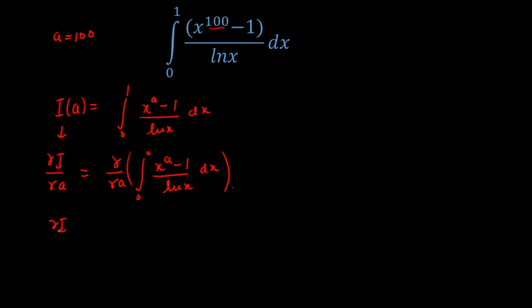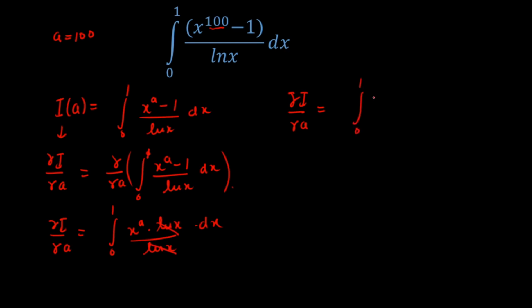So ∂I/∂a is equal to the integration from 0 to 1 of x^a multiplied by ln of x, and the differentiation of 1 will be 0, whole divided by ln of x dx. Now ln of x and ln of x will cancel out directly. I'll get the integration from 0 to 1 of x^a dx.